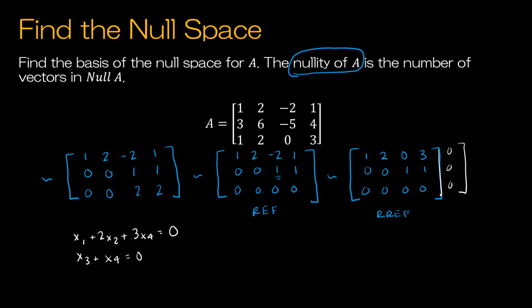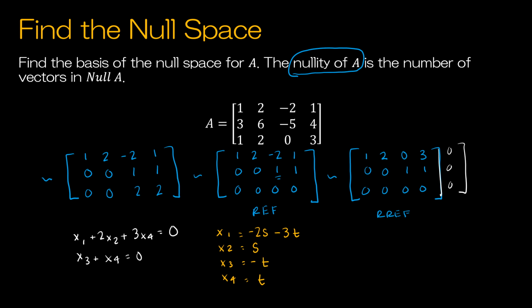So that means if I'm writing this as x1, x2, x3, x4, we're going to let x2 be s and x4 be t. So x1 would be -2x2, so -2s, and then -3x4 by moving it to the opposite side of the equal sign, so -3t. And x3, I would simply subtract x4 from each side, so that would be -t.